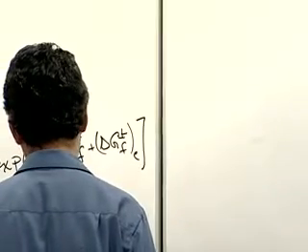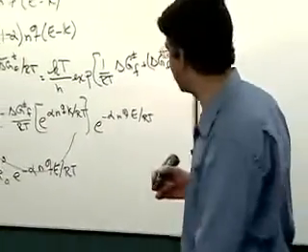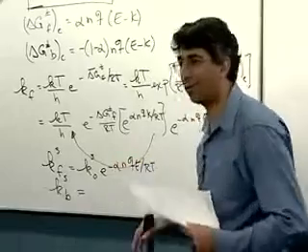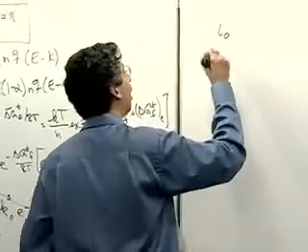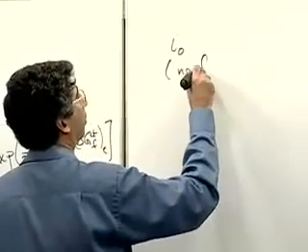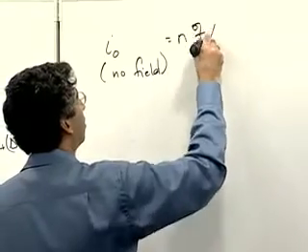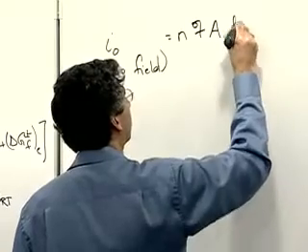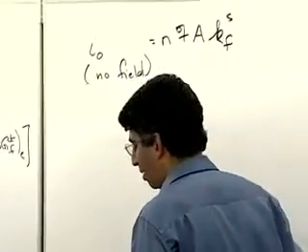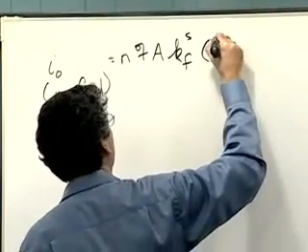OK, so if we're going to look at the current now, we might consider it first under conditions where there is no applied field. That is, let's get rid of this E term for a moment. Then we'll have a current I naught, which is just going to be the number of electrons that transfers, Faraday's constant, the area of the electrode, this rate constant under zero field conditions that we've been talking about for the forward reaction, times the concentration of the solution species.